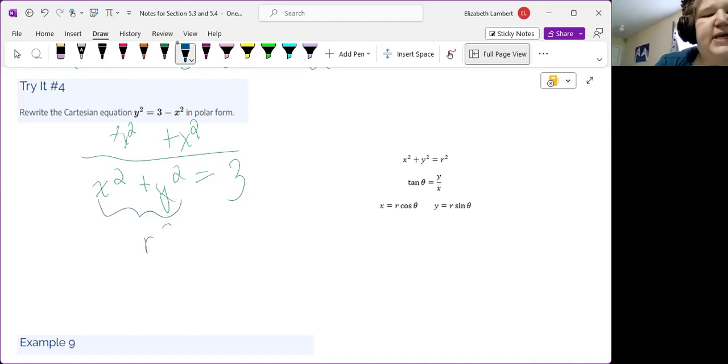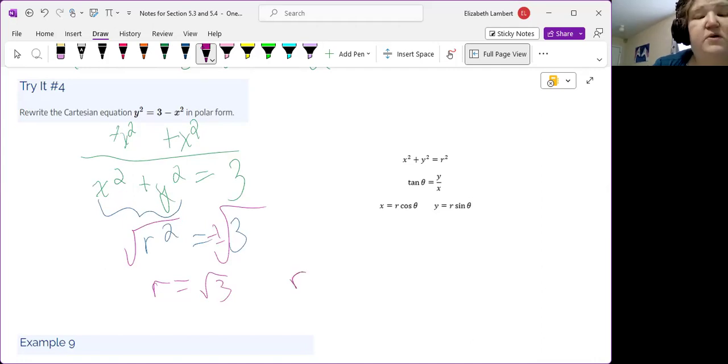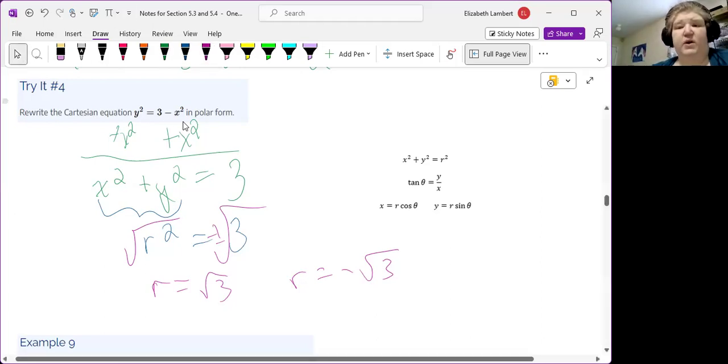Those are the same as r squared. And then just to get r by itself, we have r equals the square root of 3, or r equals the negative square root of 3. So apparently this y squared equals 3 minus x squared will graph a circle of radius square root of 3.